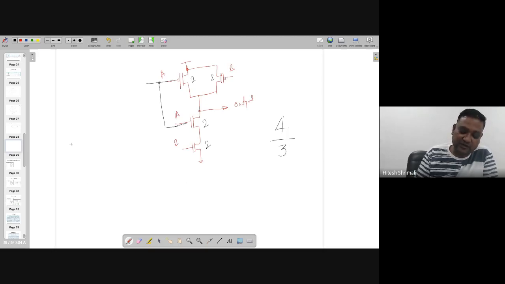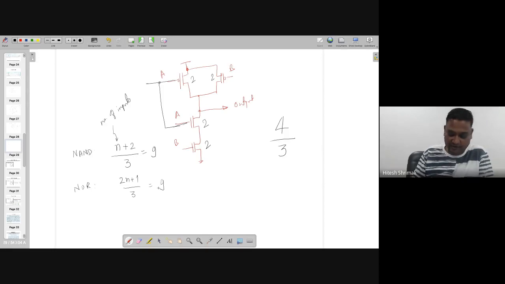And we also learned that for a NAND gate, G is n plus 2 divided by 3, where n is the number of inputs. And for the NOR gate, it's equal to 2n plus 1 divided by 3. That's the logical effort for the NOR gate.